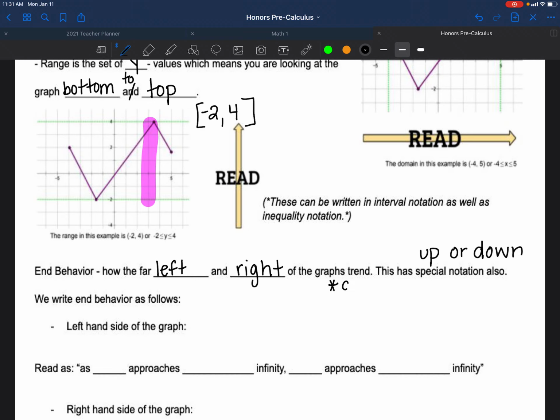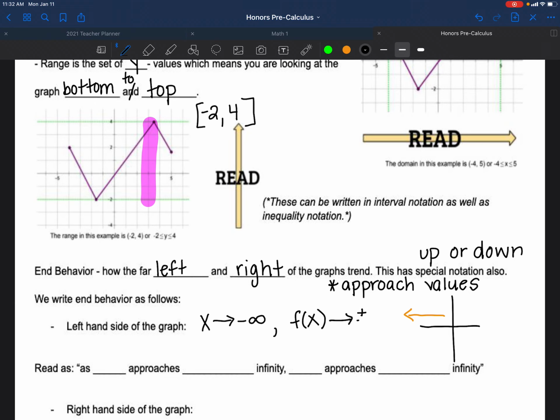So when we write the end behavior, when I look at the left side of my graph, if I think about the coordinate plane, the left side of my graph is when x is negative. So we're going to state it as such. We're going to say as x approaches -infinity, because we're approaching the left side, then we know that f of x, remember f of x is the same thing as y, is going to approach positive or -infinity.